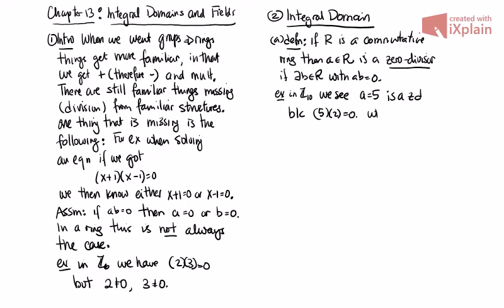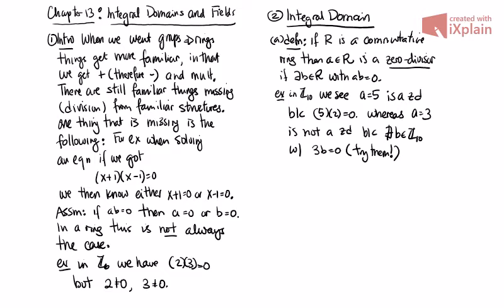Whereas, for example, a equals 3 is not a zero divisor because there does not exist a b in Z10 with 3b equals 0. Now this may not be obvious, you may have to try them all, but give them all a try. You'll find out that you never get 0 if you do that.